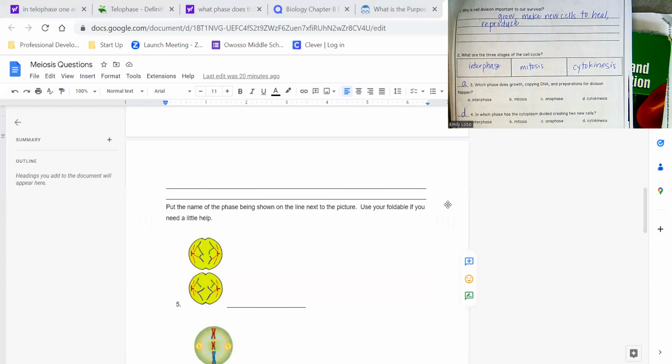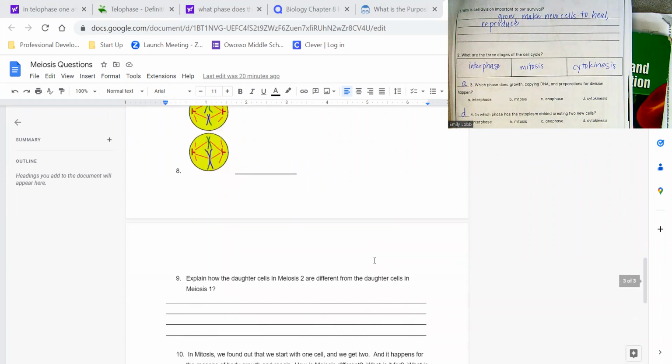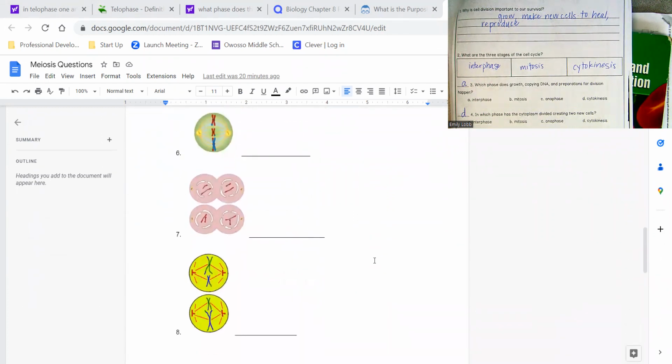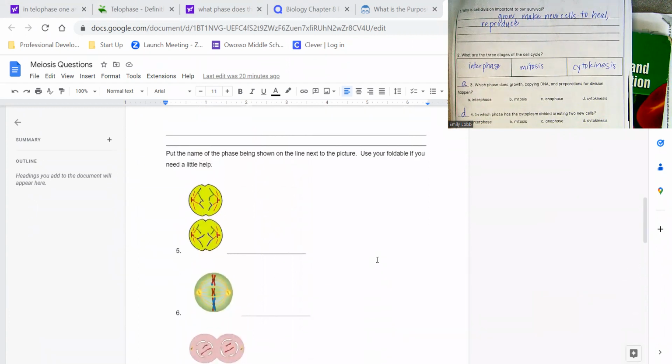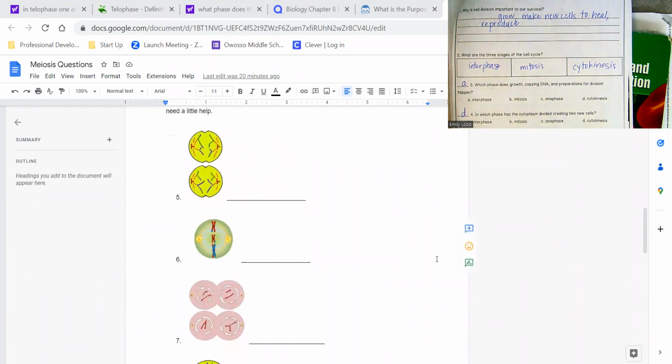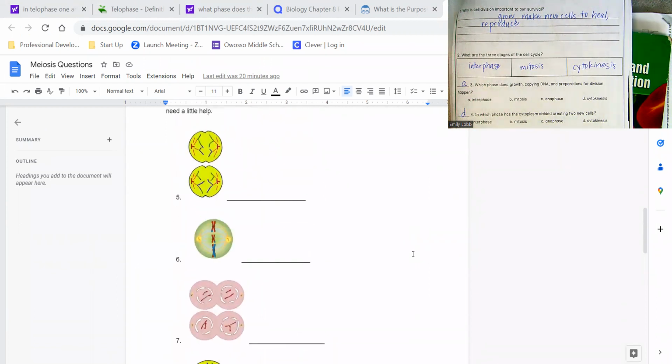All right, this part I'm not going to give you because it's right in your images. You can tell us what letter it starts with. You're not giving us the answers.